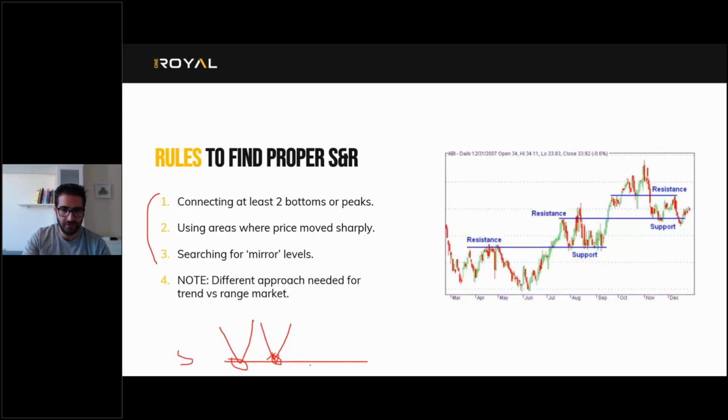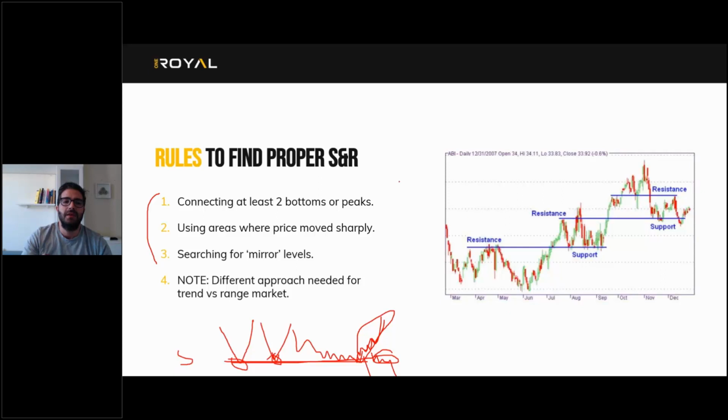Next time the market approaches, remember there will either be a rejection or a reversal, and sometimes for sure there will be a breakout. But the highly probable scenario is a rejection or a reversal. This is what most probably happens when the market reaches a support, but also sometimes there will be a breakout.